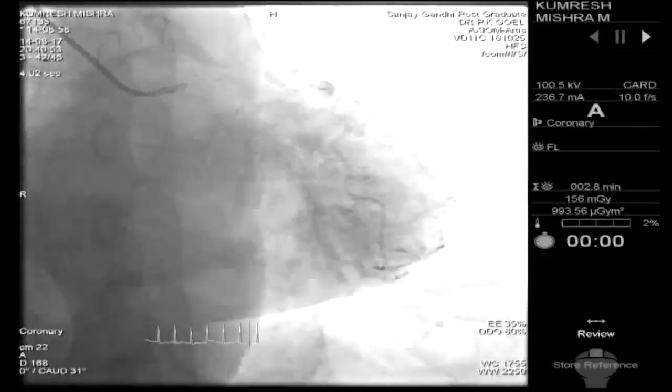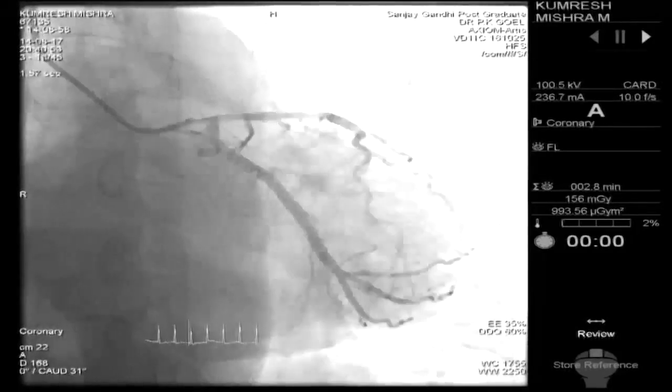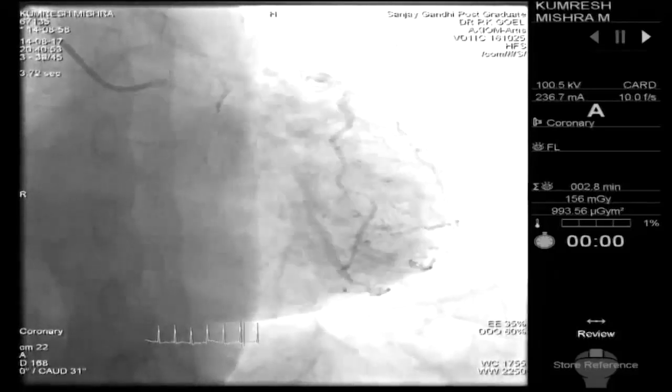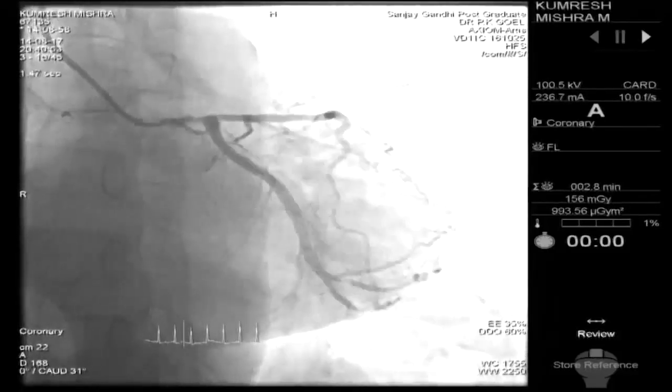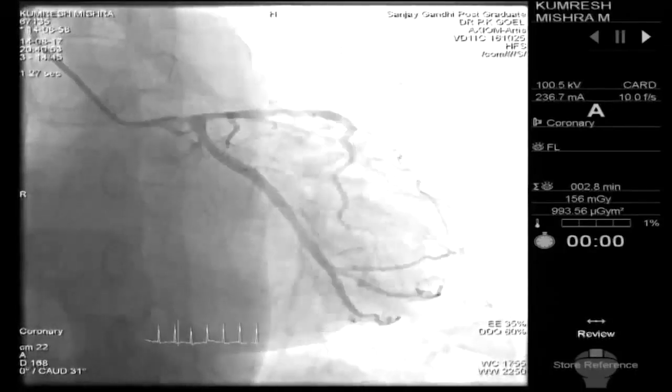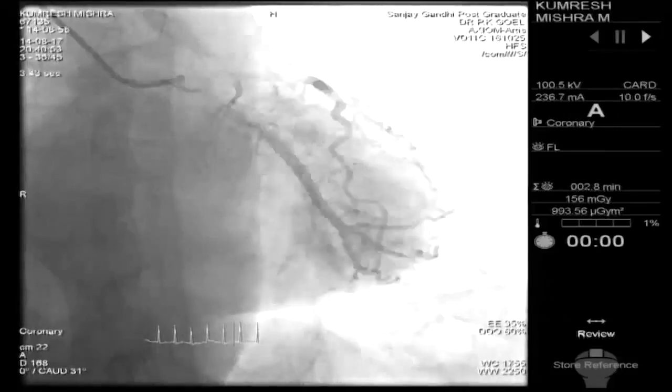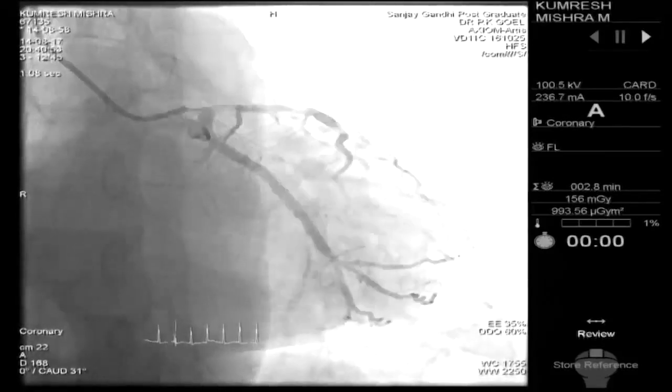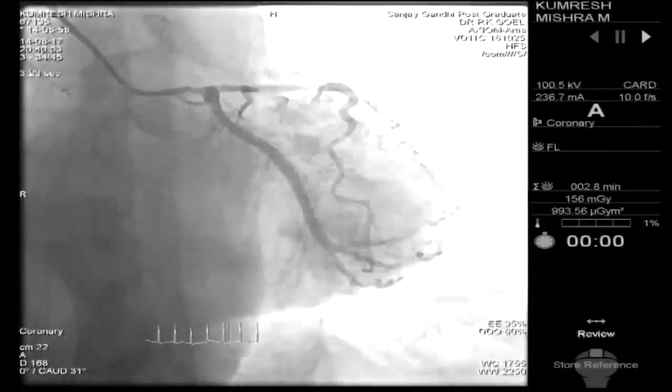What you practically see here is long segment left main disease, maybe the ostium and body, going through the bifurcation and a little beyond into the main LAD. The circumflex looks open, and the distal vessels are okay.